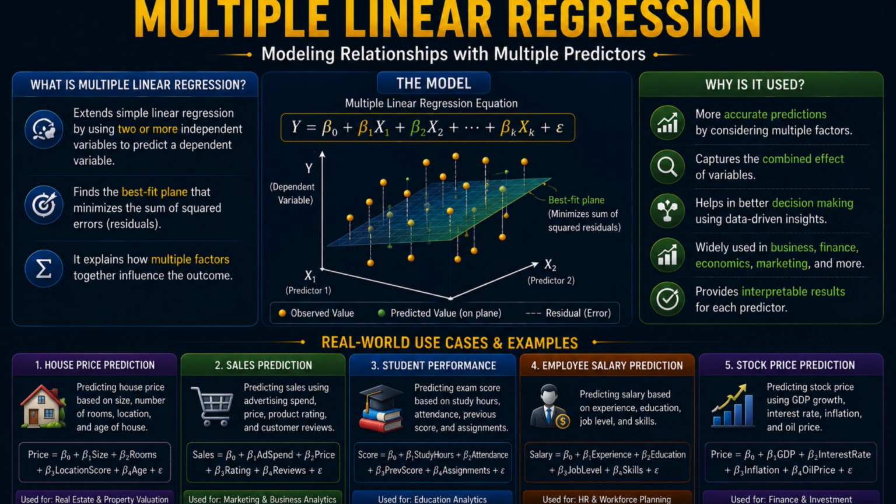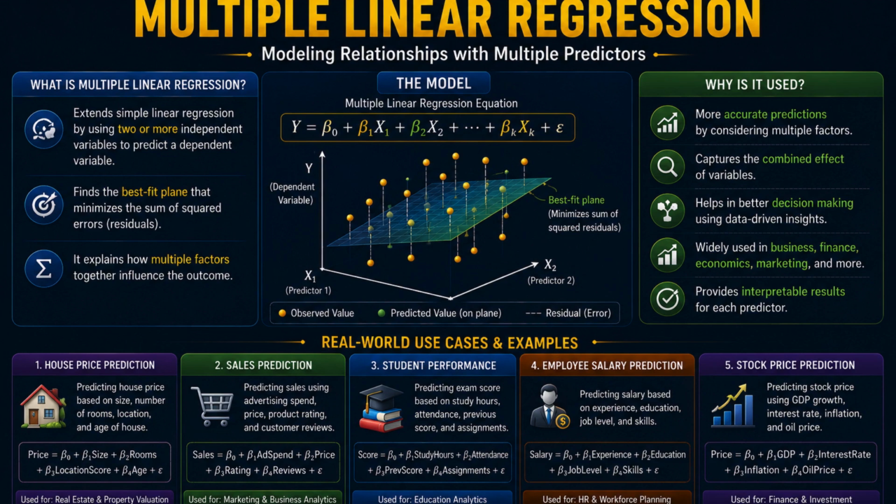For example, if a company wants to predict its future sales, it may consider advertising expenditure, product price, discounts, customer ratings, seasonality, and competitor pricing together instead of relying on just one variable. Since real-world business decisions are affected by many factors simultaneously, multiple linear regression is far more practical.